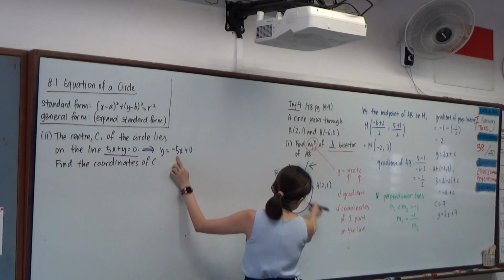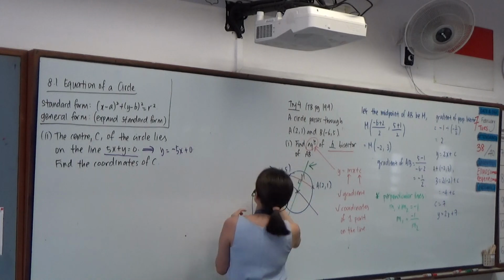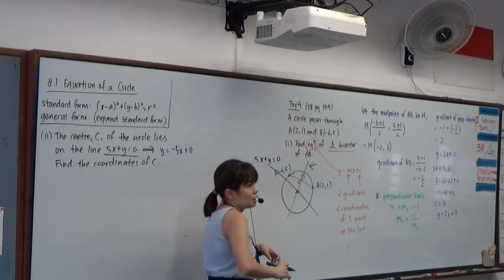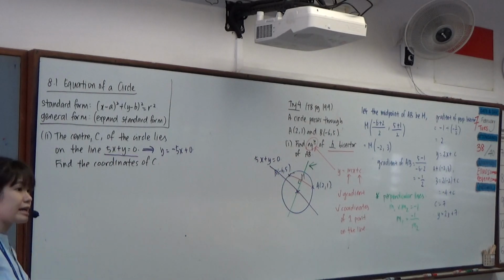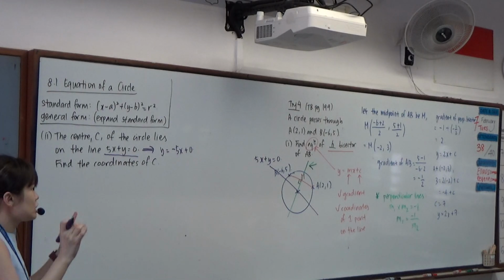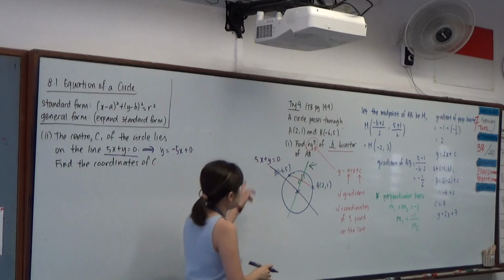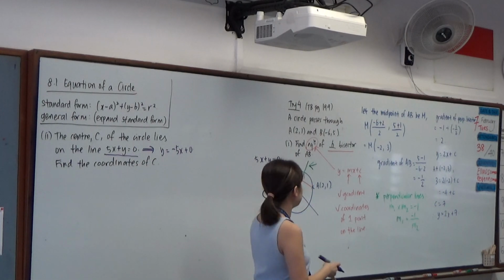The line will look something like this. I do try to draw the diagram as realistically as possible, at least getting the gradient correct and the positions of the points roughly correct, because if you draw it all over the place, it may not be helpful.